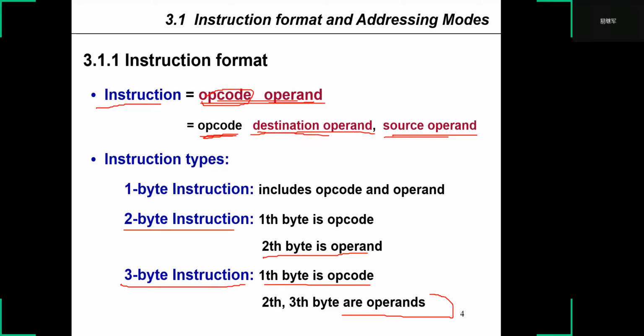The operand is like the target. Sometimes there is only one operand, or two operands. If there are two operands, the first is the destination and the second is the source. Oh, okay.